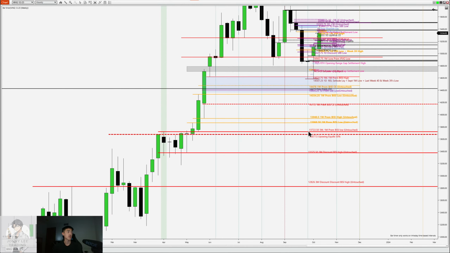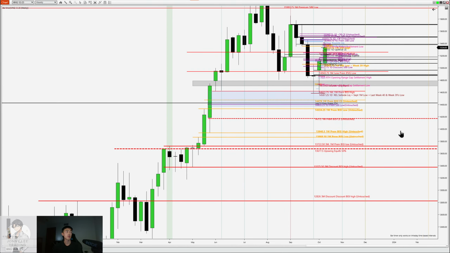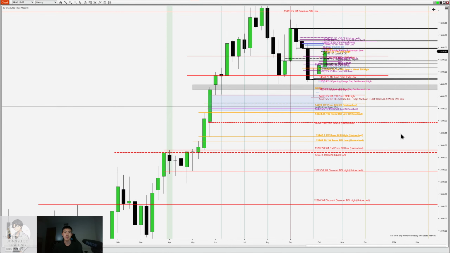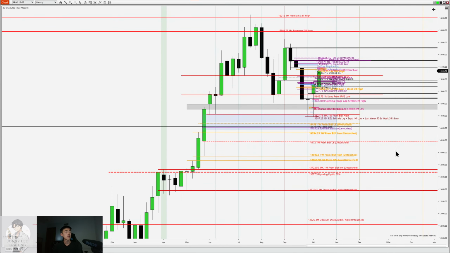So if we do see the bearish market like I expect, I do see us going down to that at some point. But let's see how it trades first. If we break through here and break up, if I see a major change in structure, then I will shift my eyes and look for plays on that side too. Just the macroeconomic environment doesn't seem to support that right now, but we never know.